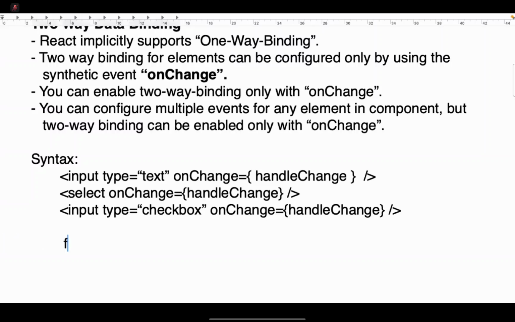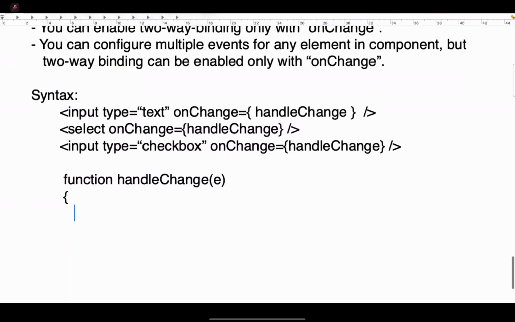And how do you access the data? Handle change uses an event argument. Through that, it can access the data of that element. How can you access it? e dot target dot value.